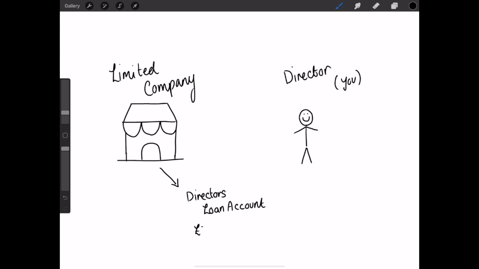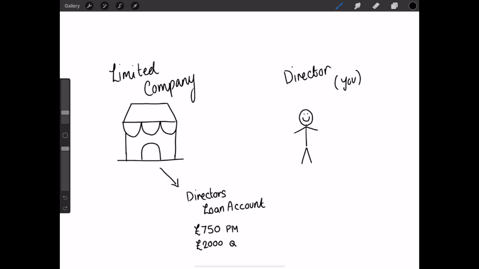So in this case, it was £750 per month. And then every time you pay a dividend, you pay that into your director's loan account, £2,000 per quarter, for example. And what that means is your director's loan account is slowly growing. And for you personally, let's say you need £1,000 to live on, then you will take £1,000 each and every month out of the director's loan account into you.